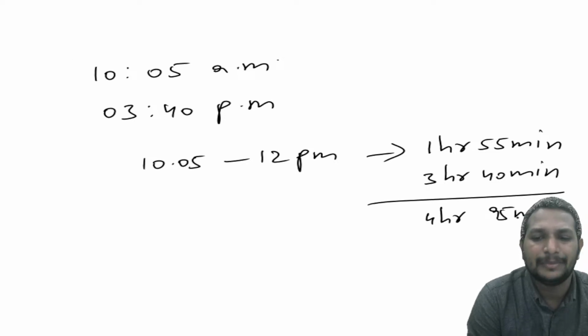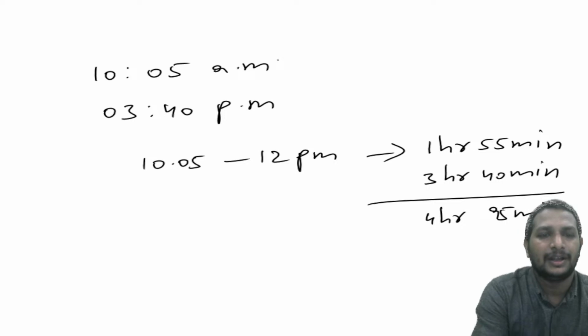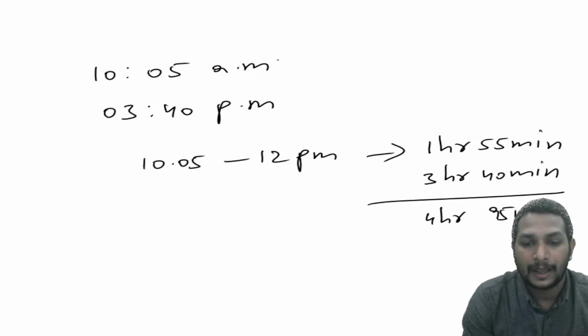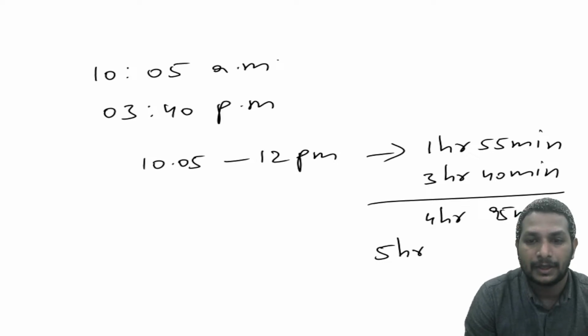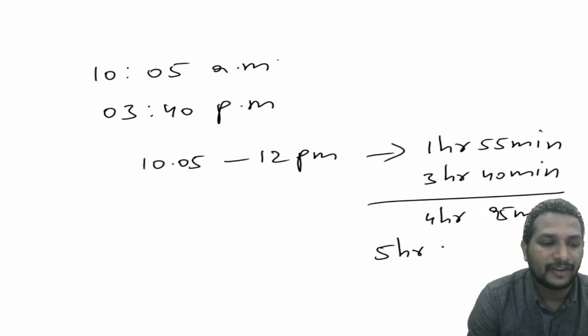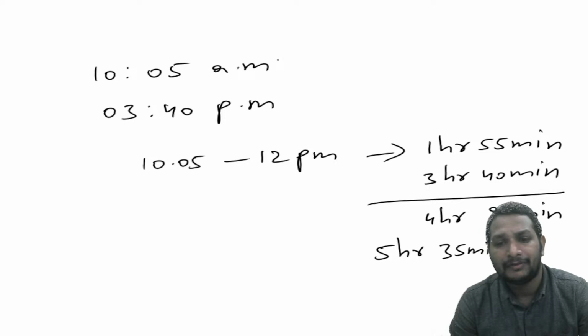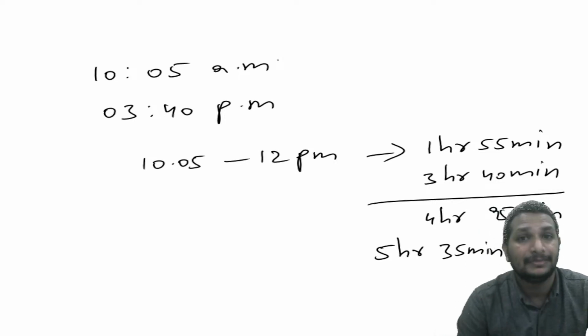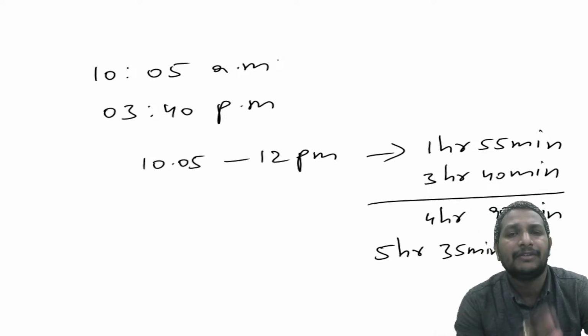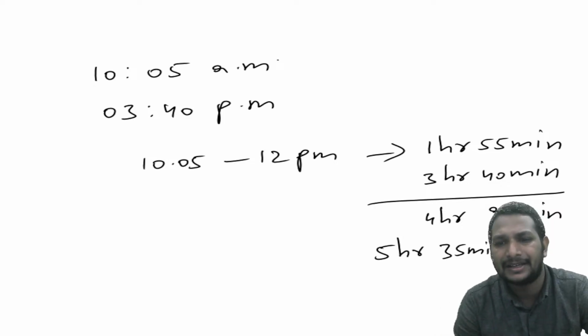But I want to convert 95 minutes into hours, so subtract 60, and it becomes 5 hours 35 minutes. 5 hours 35 minutes is the answer. Whenever you want to find the total journey time, you can divide it into parts, like a day that we can divide into 12 hours.